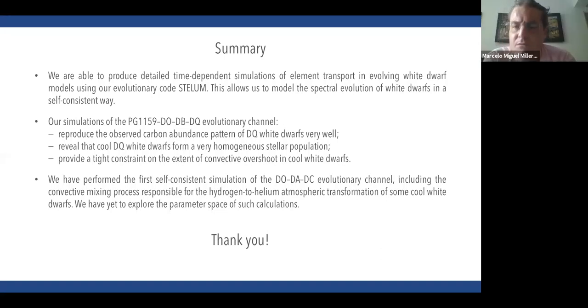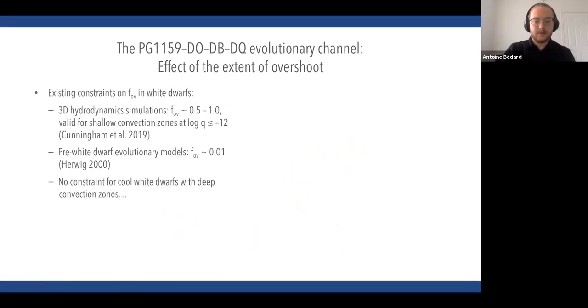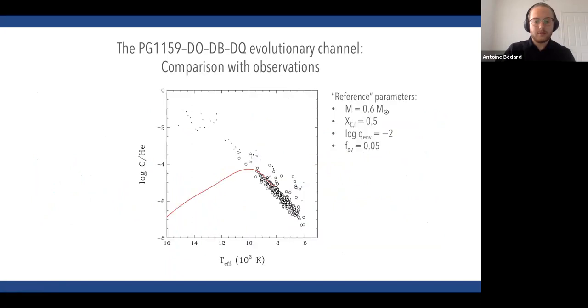So here Tomas asks whether there is some observational selection or some issue which explains why we have this tight clustering of the carbon abundance versus effective temperature. Yes. Let me go back to here.